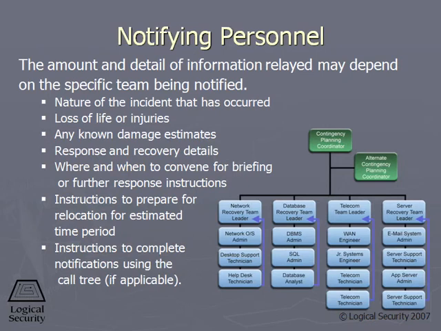So still in this activation phase, once there's a determination, yep, we have experienced a big disaster and we have to activate this business continuity plan, the personnel need to be notified. It's different if they're at work versus after hours.